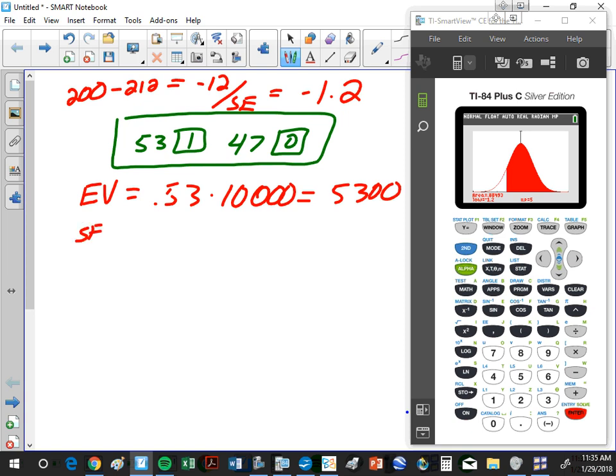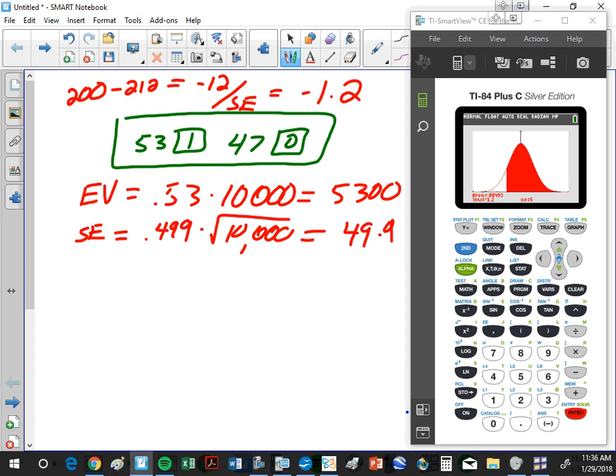My SE is going to be 0.499 times the square root of that, which is 49.9. What does that mean? He's expected to make 5,300 shots, give or take 49.9.